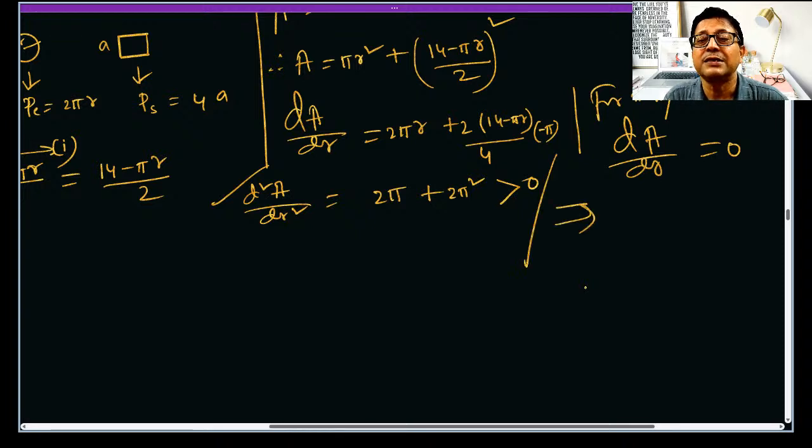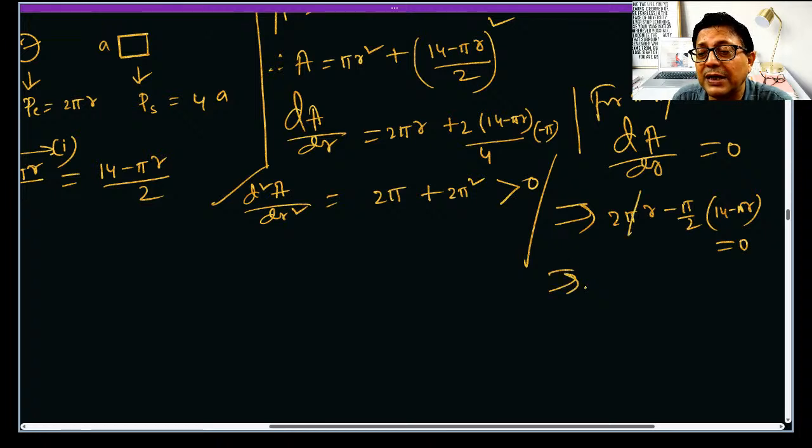This implies 2 pi r minus pi by 2 into 14 minus pi r equals 0. Pi also getting cancelled. So 4r minus 14 plus pi r equals 0.